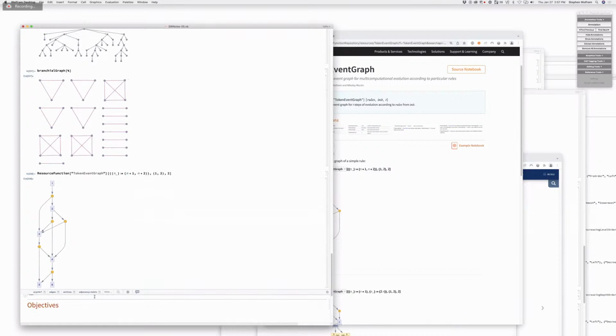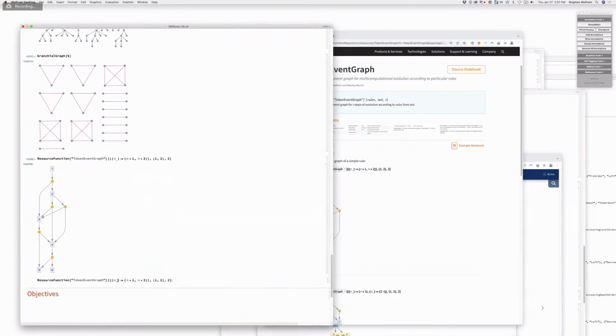But now, what's a good example of two tokens? So we could say n, m goes to n+m, abs of n-m.